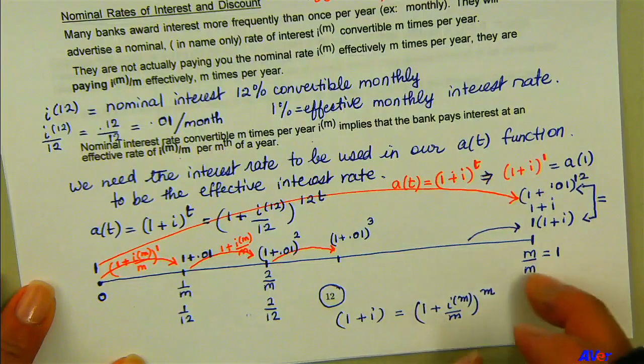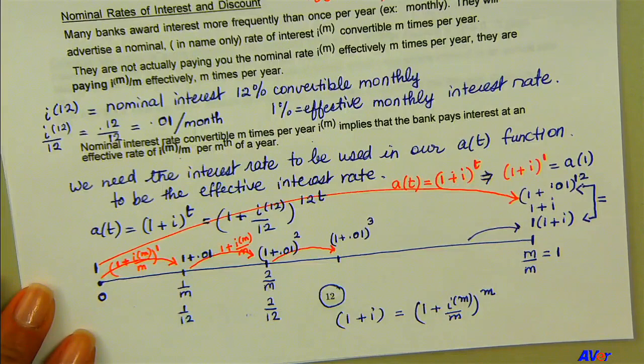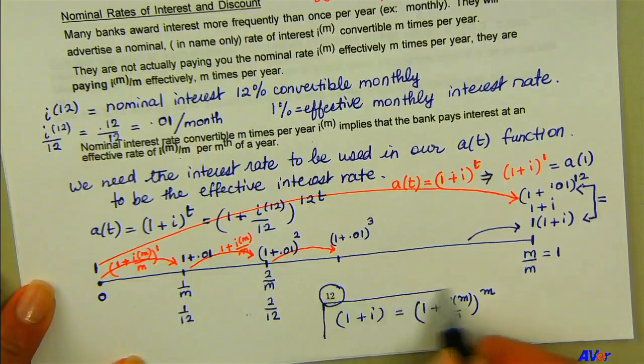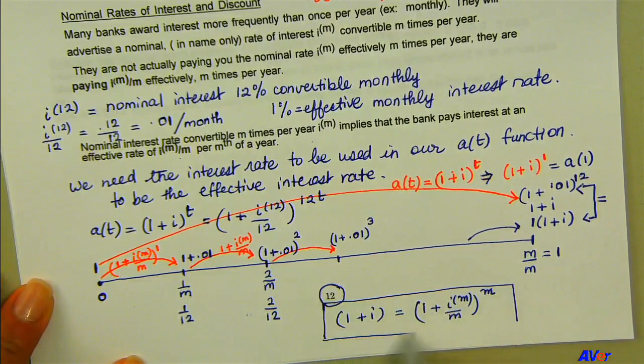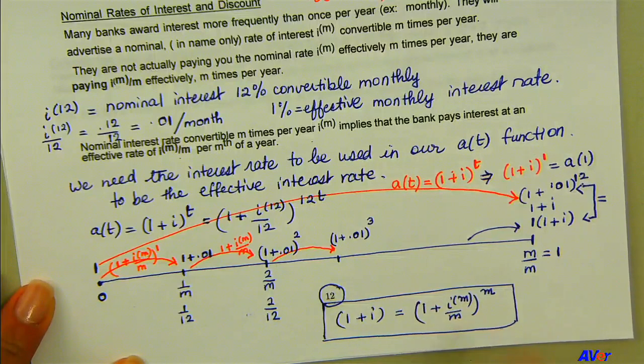So at the end of the year, if I was using an annual effective interest rate i I would have 1 plus i. And if I were using a nominal rate convertible monthly, I would have (1 plus i^(12) over 12) to the 12. Follow me? So I have the ability to set these two equal. And this is going to be our important formula that I use over and over again to convert, go back and forth between i and i^(m) over m.